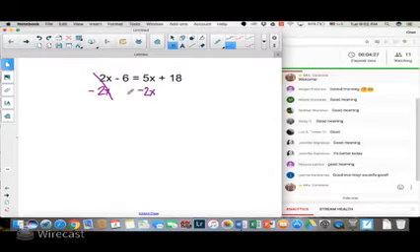And who can tell me why I need to do the same thing to both sides of the equation? That one I want to wait for. So I'll rewrite this while somebody tells us in the chat why we need to do the same thing to both sides.